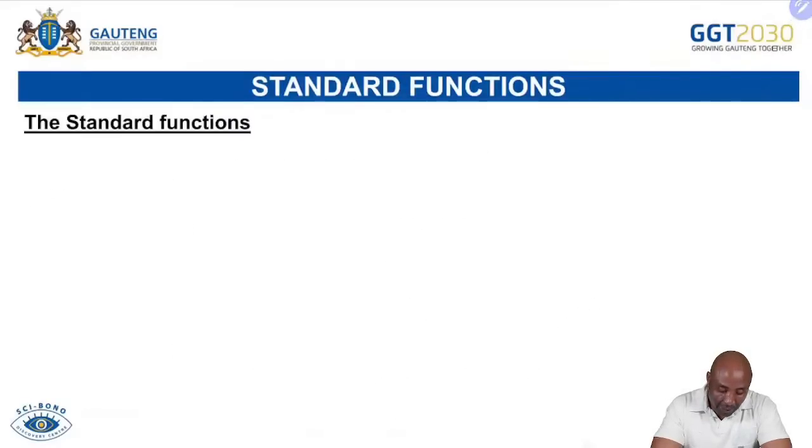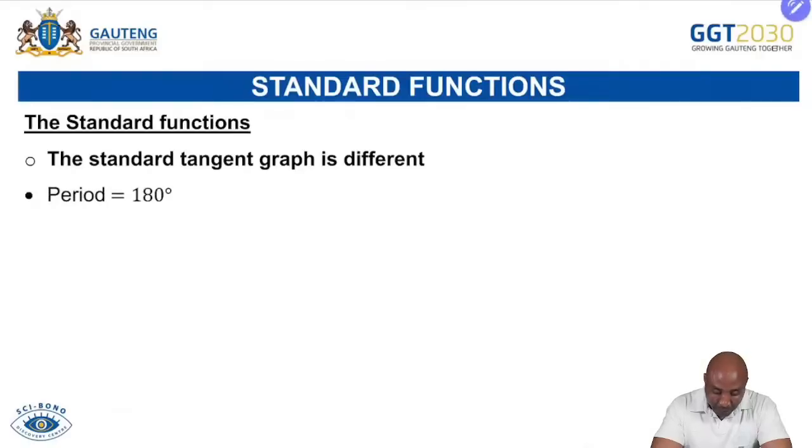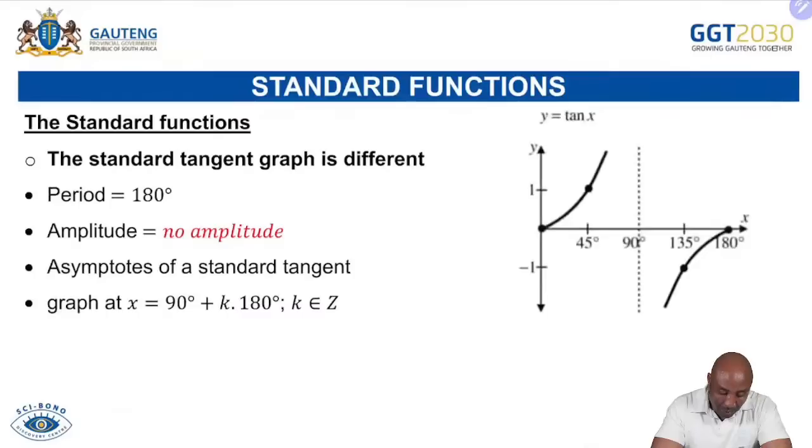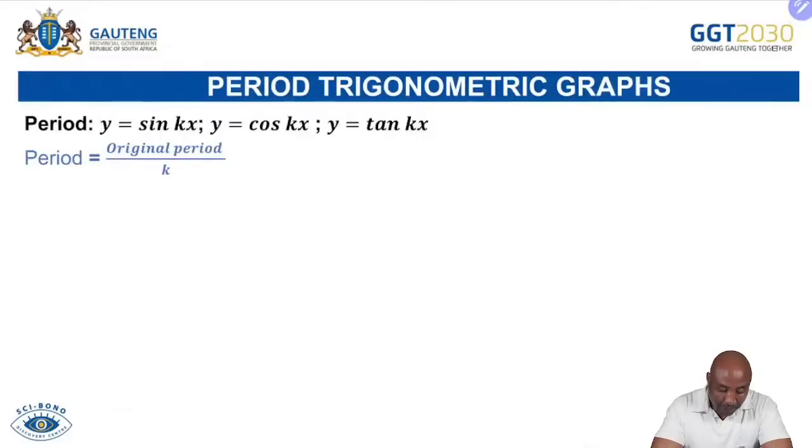And for the standard tan function, our period is 180 degrees. It has no amplitude. The asymptotes of the standard tangent graph are at negative 90 and 90 degrees. So we should be able to get our period there.